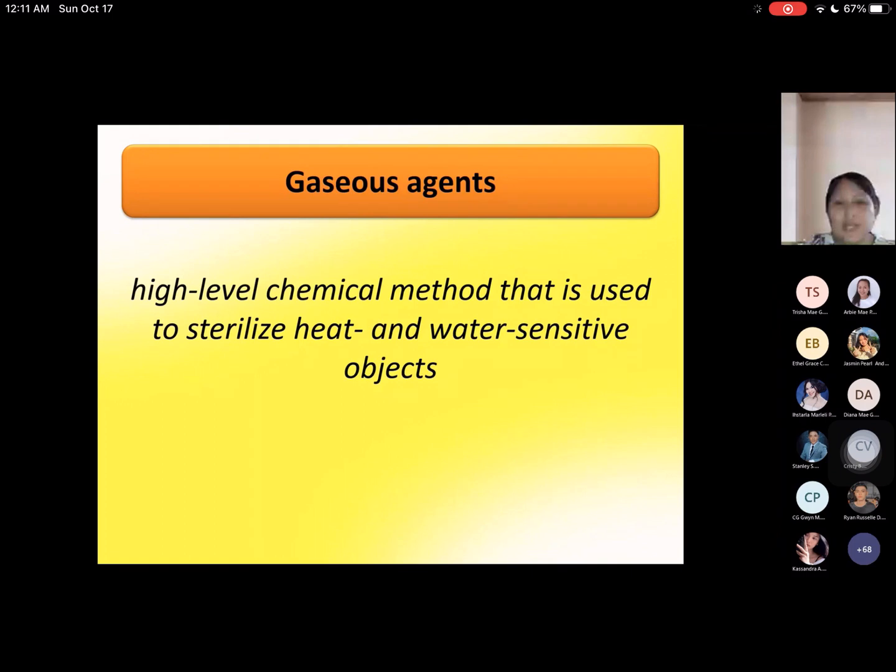For the gaseous agents, these are the high-level chemical method used to sterilize heat and water-sensitive objects. So those materials that cannot be sterilized using physical agents, those used in autoclaving, can be sterilized using these gaseous agents. What are examples of gaseous agents?